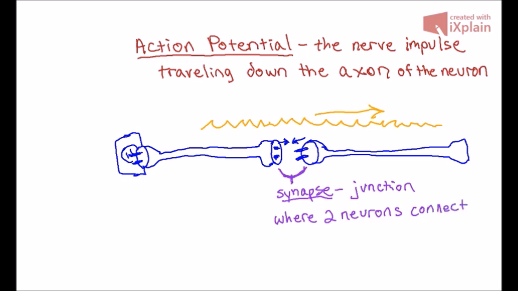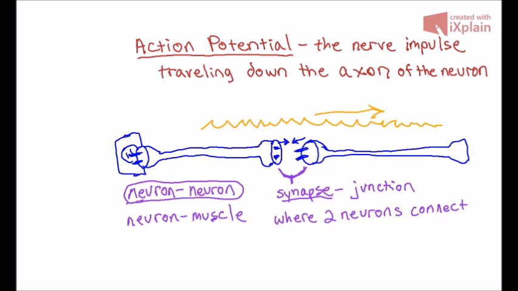It could be a neuron to a neuron, or it could be a neuron to a muscle, and so on. It can be something else. But I'm just going to concentrate and use as an example a neuron to neuron connection in this video. But it's pretty much the same thing, even if it's neuron to muscle.